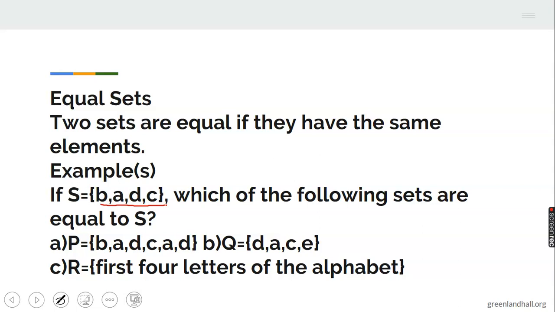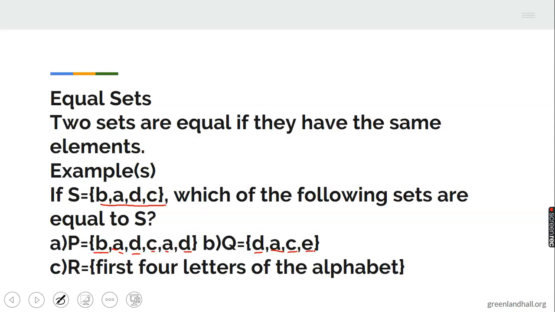P has A, B, D, C. Q has D, A, C, and E. Now, R is the first 4 letters of the alphabet. And these are the solutions.